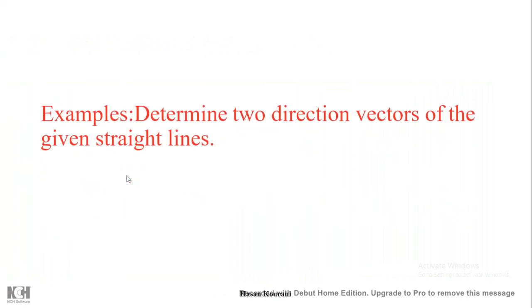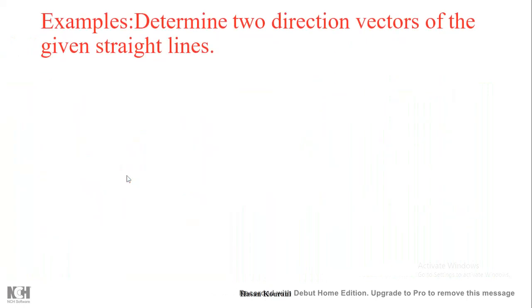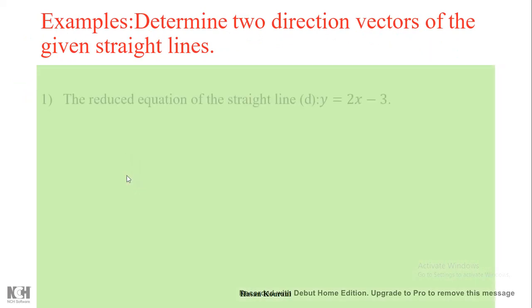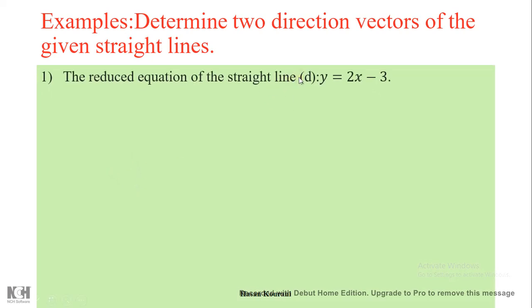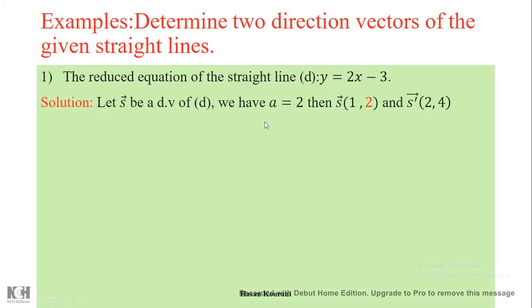Okay, let's see some examples. Determine two direction vectors of the given straight lines. Let's see the first example, the reduced equation of a straight line. This is a reduced form, y = ax + b. We need to find a direction vector.